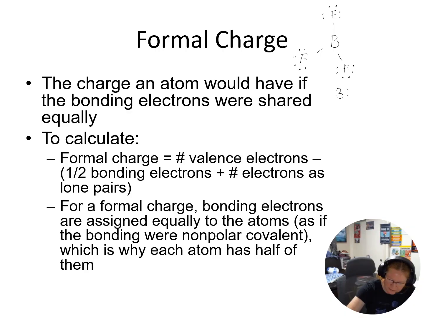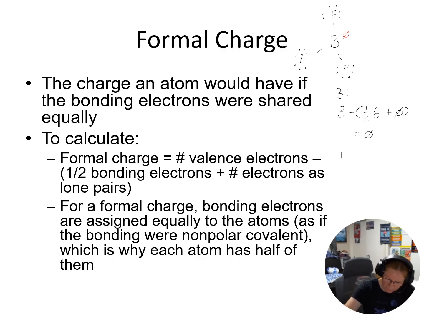So if I look on the periodic table, boron's in group 3A, so boron has 3 valence electrons. I take my number of valence electrons minus 1/2 of the bonding electrons. We have 3 bonds, so that's 6 electrons, so 1/2 of 6. I have no lone pairs, plus 0, so 3 minus 3 is a formal charge of 0. Then I can put the formal charge on the boron.